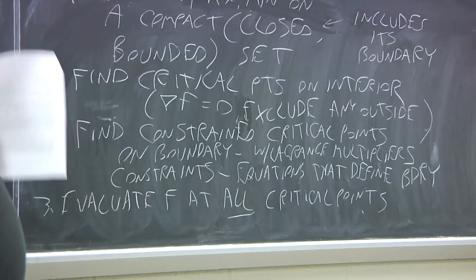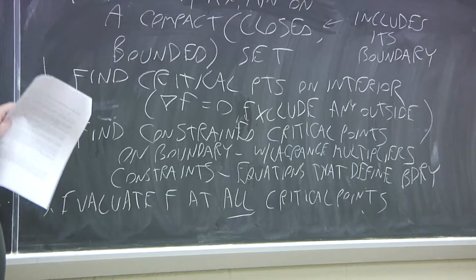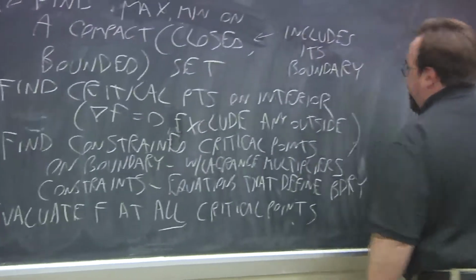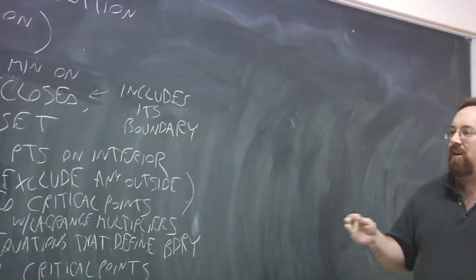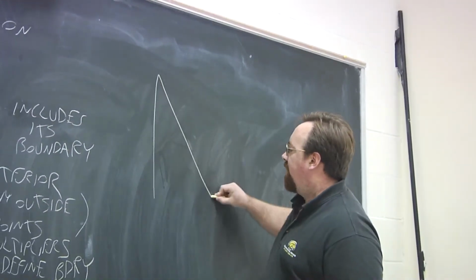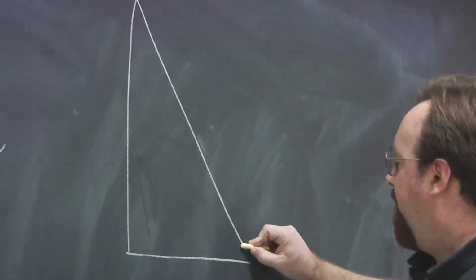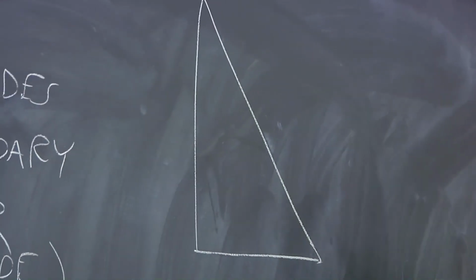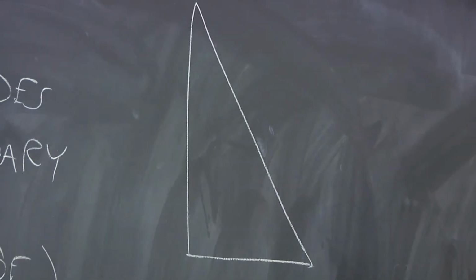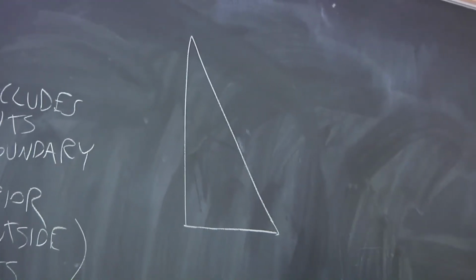Now, there's one nuance to this that I need to mention. Let's suppose that the compact set you're trying to find a max or min on is a triangle, for example. And we did an example like this a while ago using a different procedure.